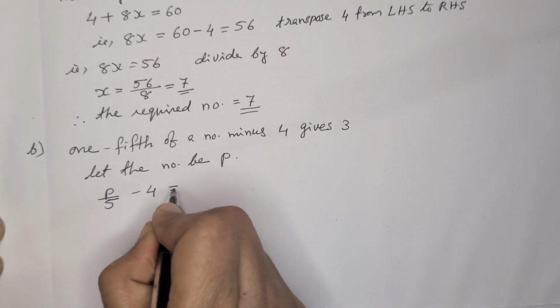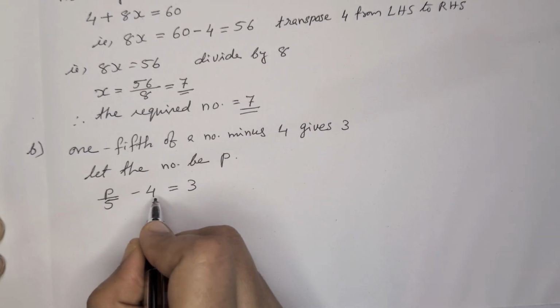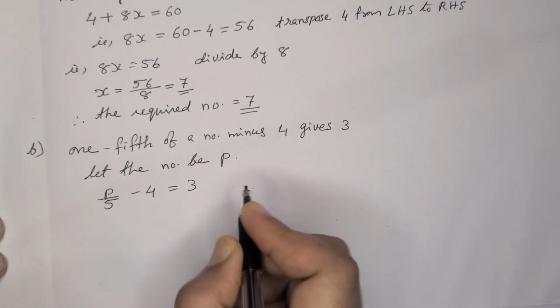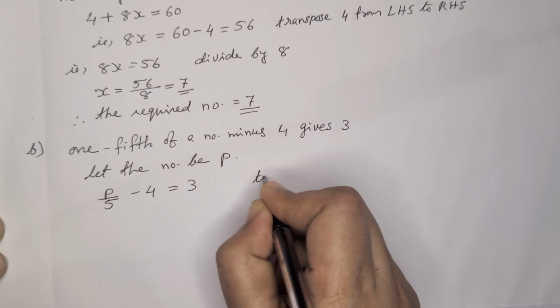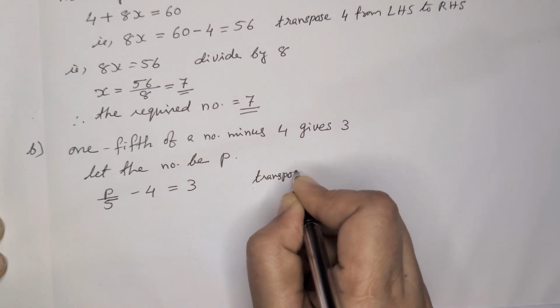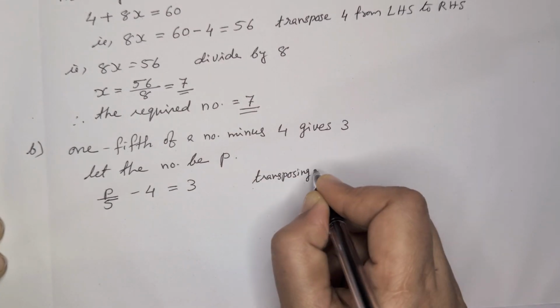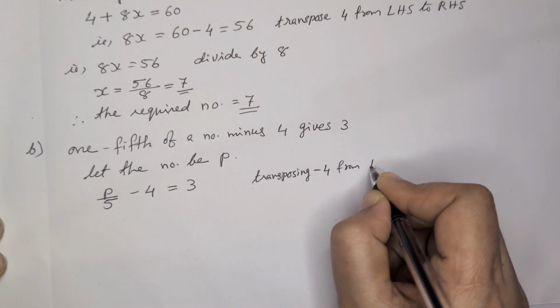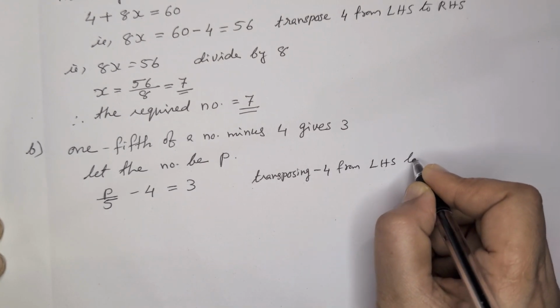Gives means equals 3. Now first we have to transpose minus 4 from LHS to RHS.